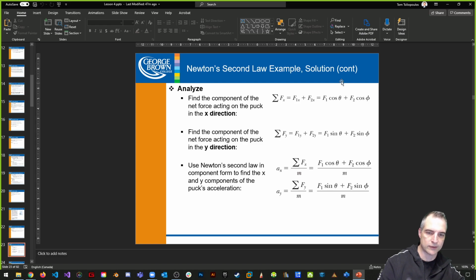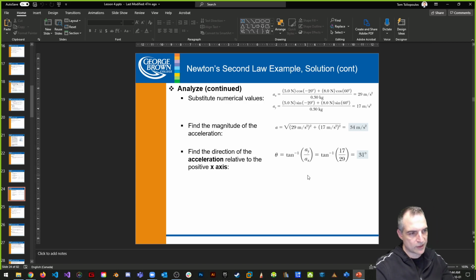If we rewrite this, we get the sum of all forces on the x-axis over mass, which works out to be F1 cos theta plus F2 cos phi over the mass. That is equal to the acceleration on the x-axis. And then we can do the same thing for the acceleration on the y-axis.